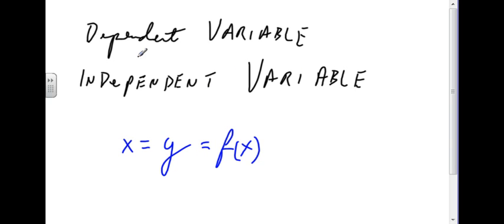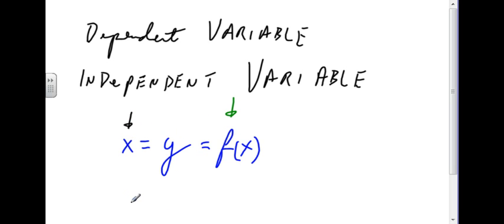Okay, what is the dependent variable? Show of hands, how many think it's x? How many think it's y? Correct. So the dependent variable is the f of x, the y guy. The independent variable is the x guy.